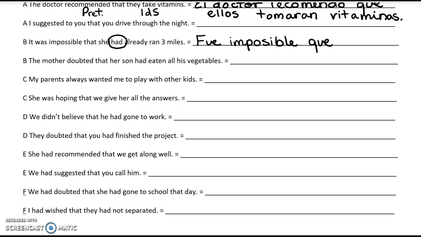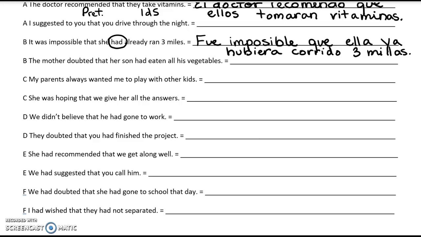Ella. Now remember, you have an already. Those always go in front of the verb. So ya hubiera. Now do your ran, corrido, and then finish it off. Okay? These are some long sentences, aren't they?